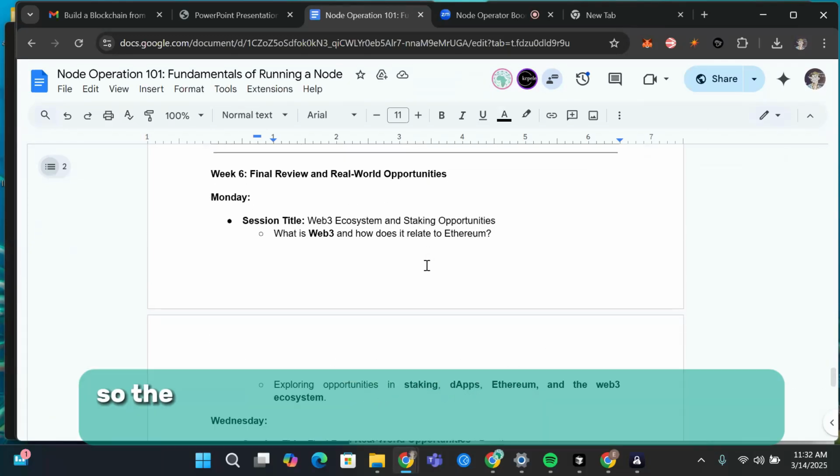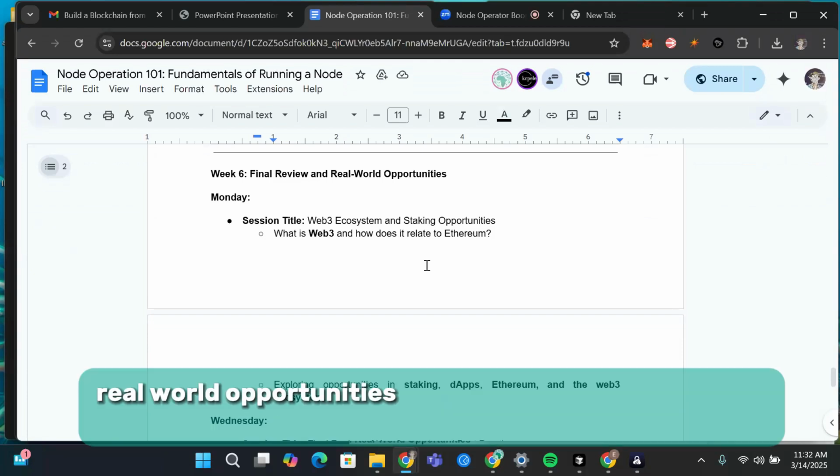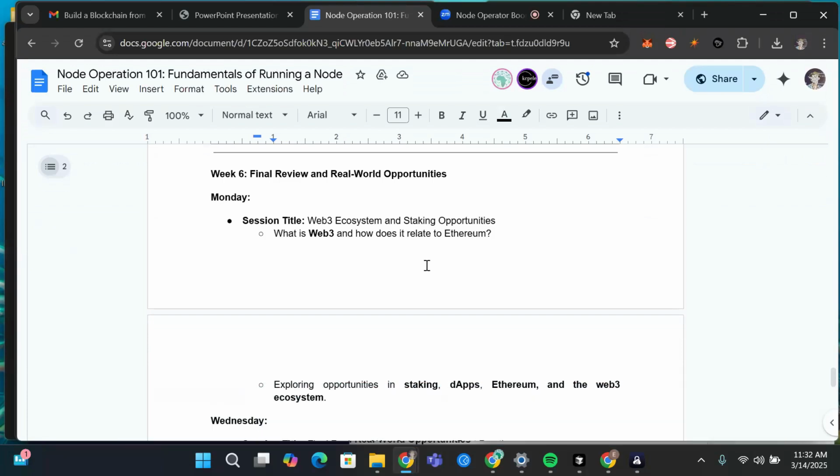So the final week is more of reviews and then showing you real world opportunities, showing you different career paths, showing you different opportunities that you can maximize. Within the Web3 space, there are quite a lot of areas that you can explore.